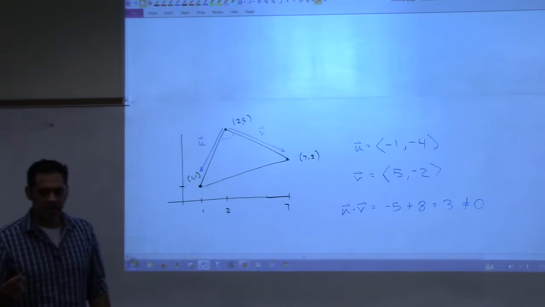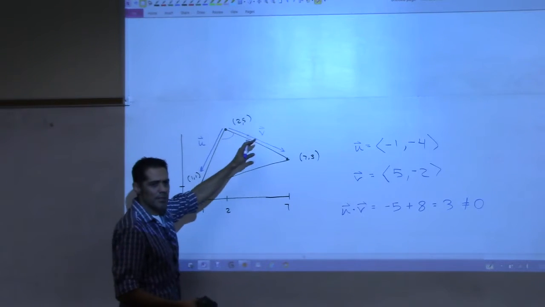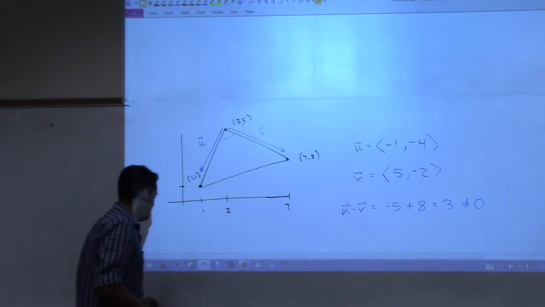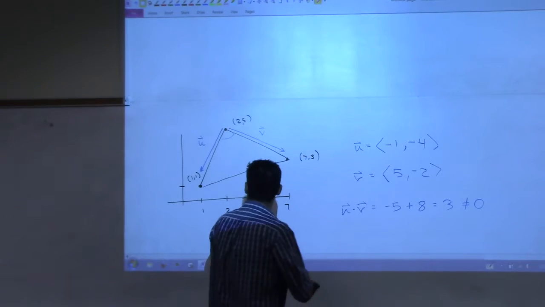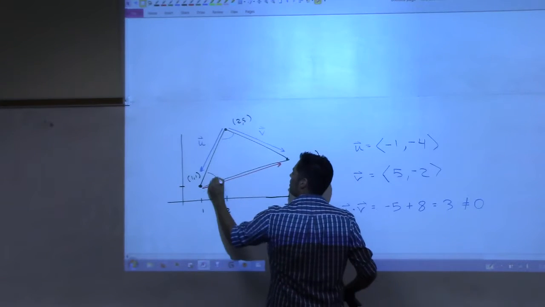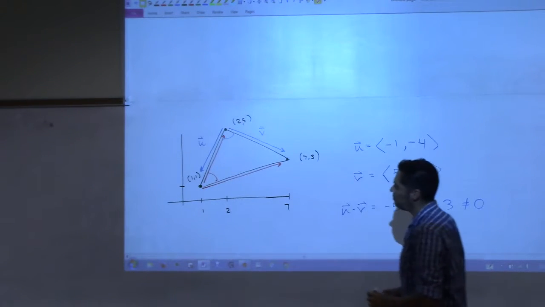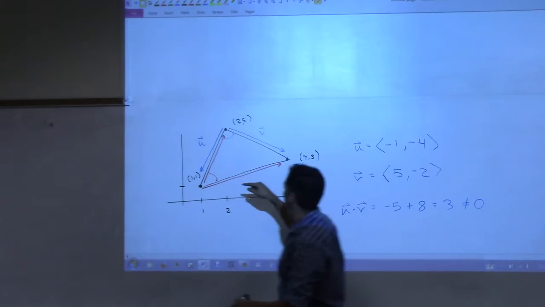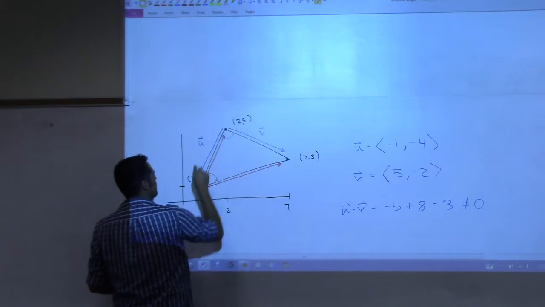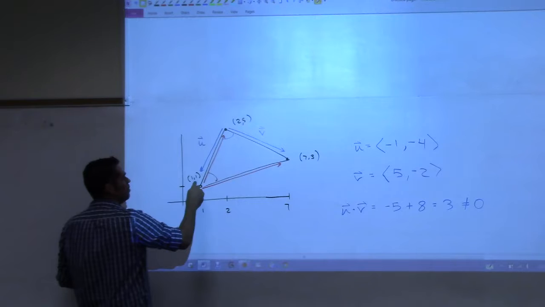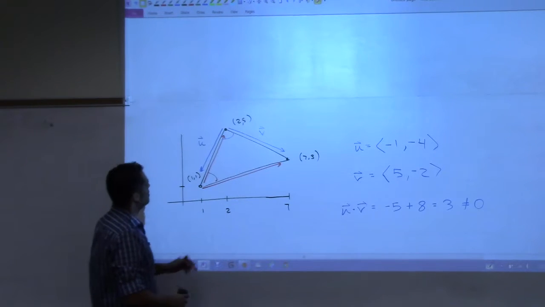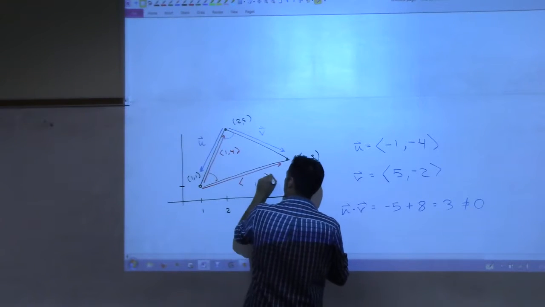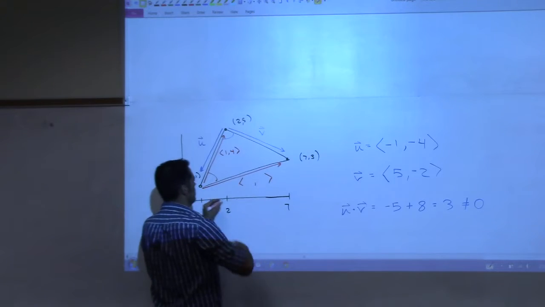See how quick that was to check? Once you understand how to create the vectors, do you see how fast that was to check whether that was a right angle or not? Then to check this angle, I could create these 2 vectors, which are basically the opposite, going from here to here. What would this vector be? From here to here, it's 1, 4. And this vector here is 6, 2.